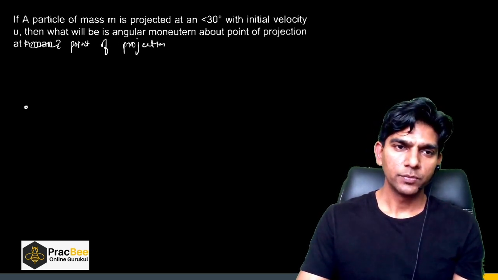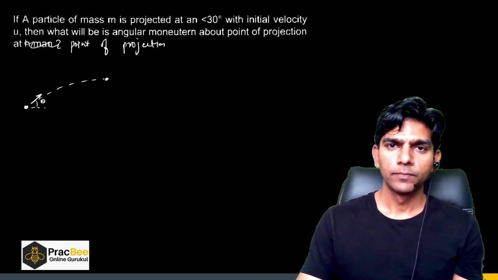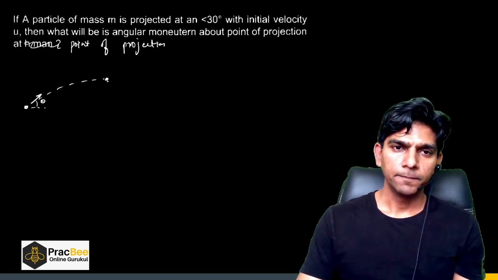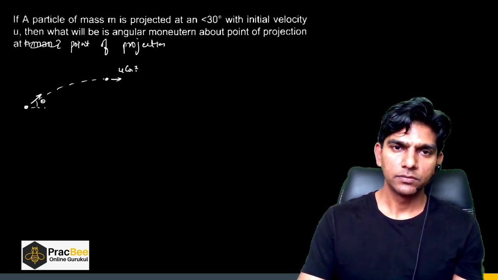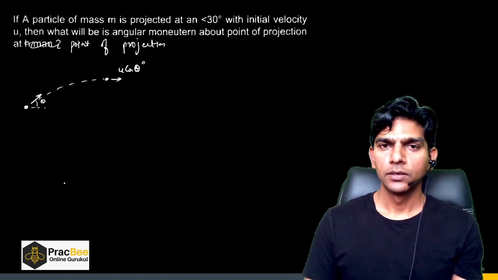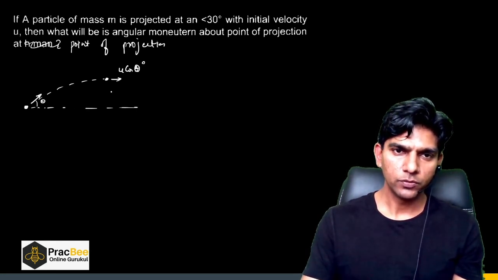We are projecting a particle with an angle theta. And at the maximum height, the velocity will become u cos theta, right? U cos theta. And we have to find the angular momentum about the point of projection.